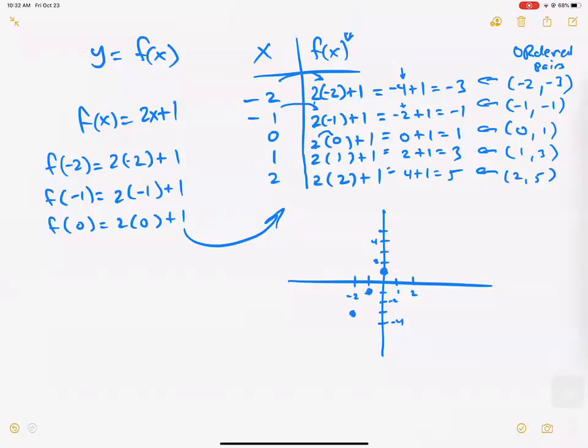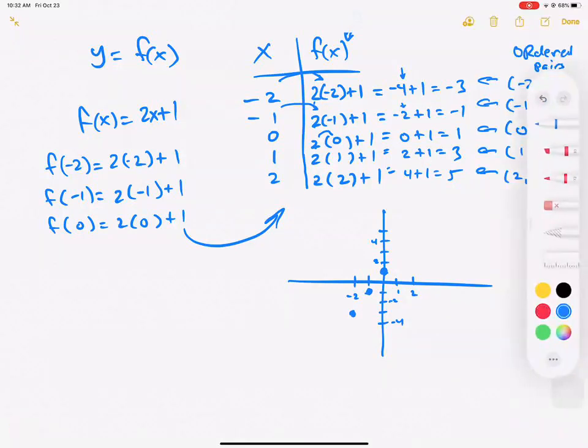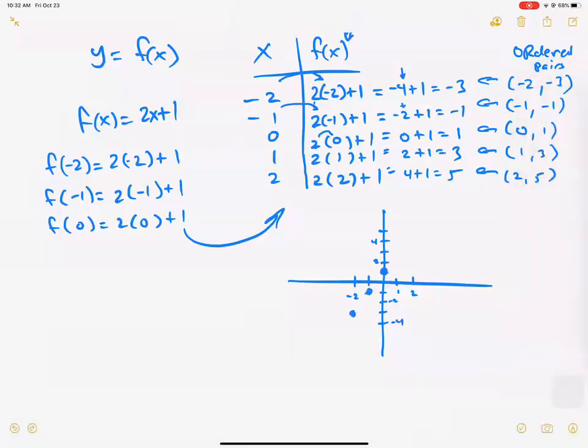Okay, let me show you that one more time. How did I do that? X is 0, but y is 1, so we have to go up one space. We have x is 1, y is 3. 1, 3. And x is 2, y is 5.